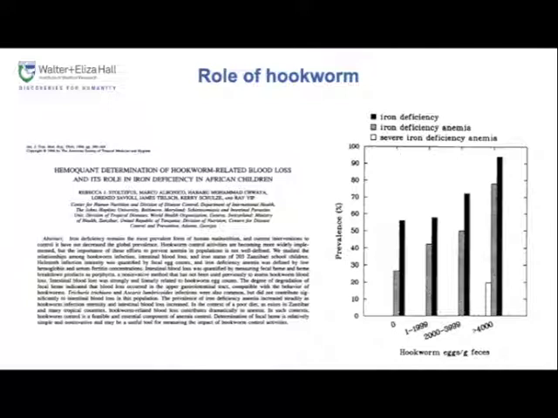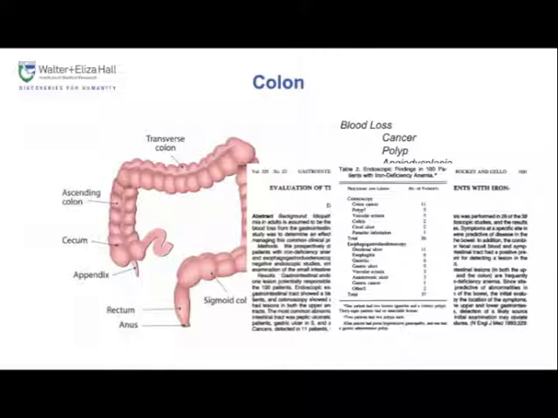So the next place to think about here, which is not a site of absorption but a site of excretion, is the colon. Now, the colon is a critical issue for iron deficiency because colons bleed. And the thing that colons bleed from is usually neoplasia.